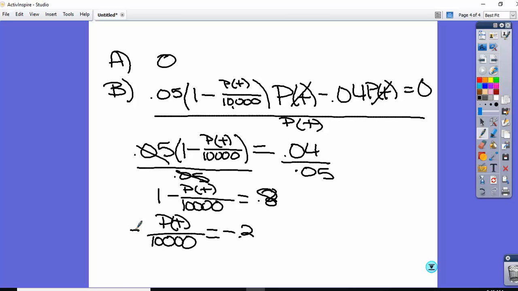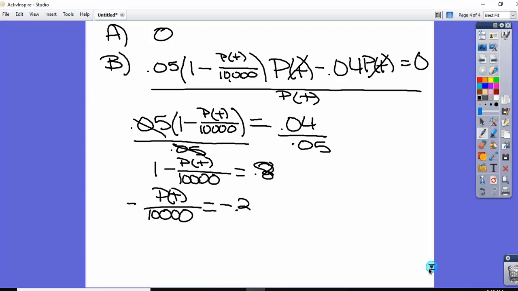Okay. If you hit that little arrow down on the right side, it'll give you more space. And then we multiplied by negative 10,000 so that we could keep the P of T positive on the left.